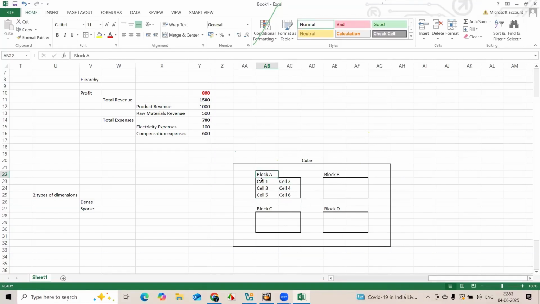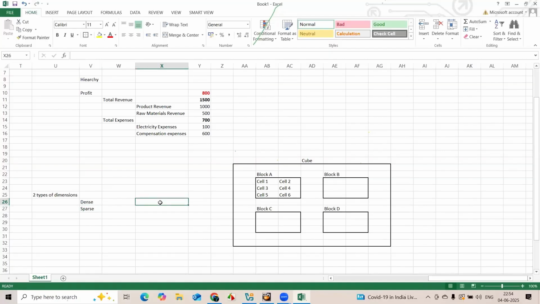So what makes a block in the cube? Okay, Samir, you said that there are blocks and there are apartments. You want us to relate block A, block B in a gated community to blocks, and apartments in each block to cell 1, cell 2, cell 3. But how is this concept going to relate to dense and sparse?